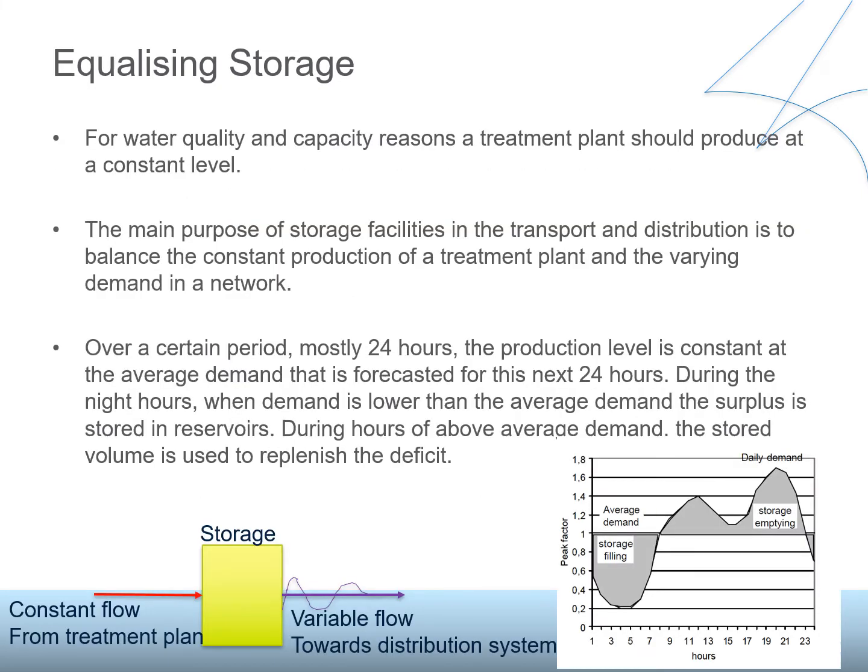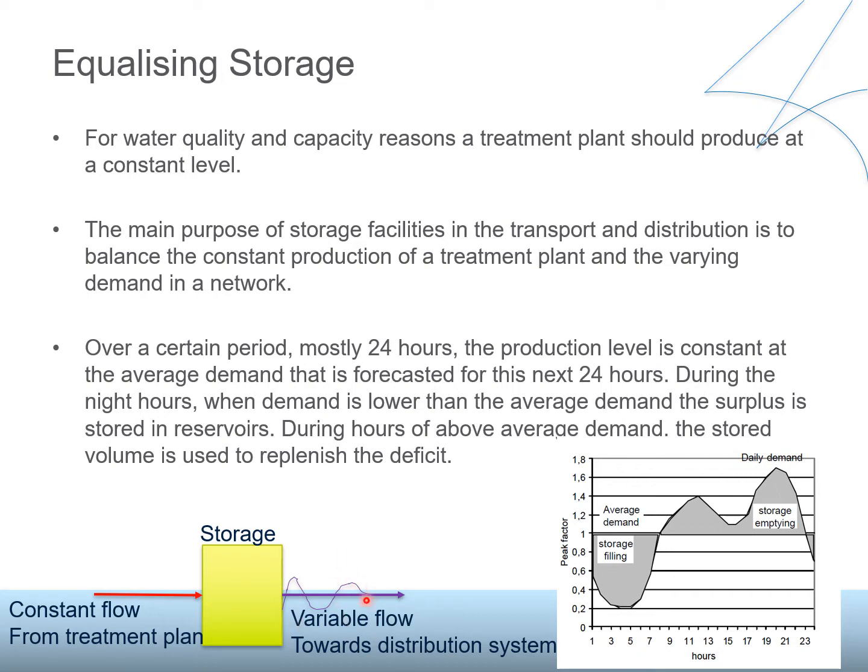The next part is the equalizing storage, and we know the water comes from the treatment plant, and for the quality perspective, to maintain the good quality of treatment, and also for the capacity of the treatment plant, normally the water coming out from the treatment plant is of constant volume, but the water demand is not constant, it is variable.